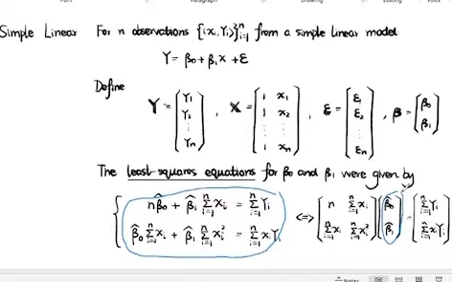In an ordinary equation, let's say I have 5x equal to 4, and I'm looking for x, what do we normally do? We divide both sides by 5. But here, we're looking for this guy. They are all matrices. We are not going to divide both sides by this.